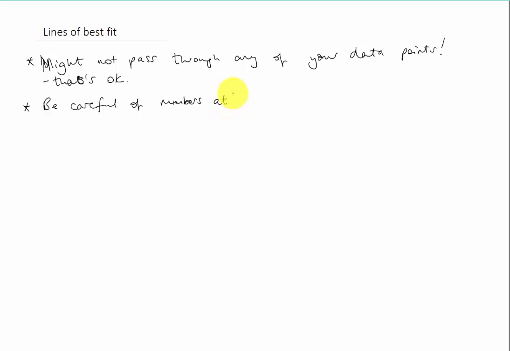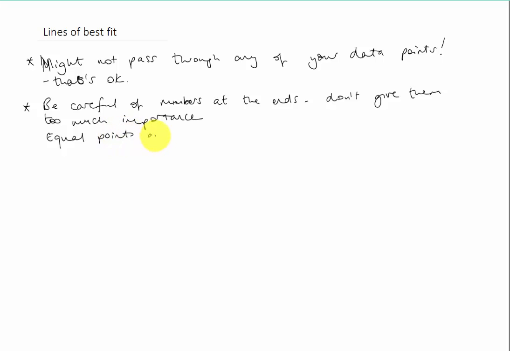But remember, it's the total number of... Yeah, so don't give them too much importance. So equal numbers of points above and below the line.